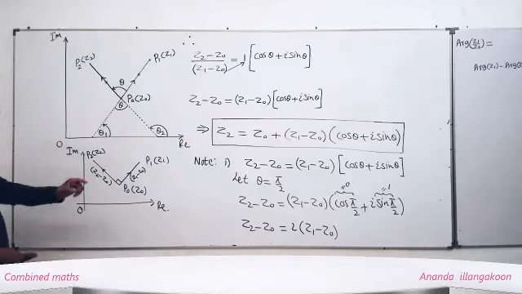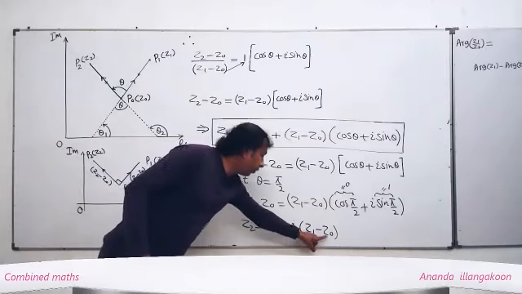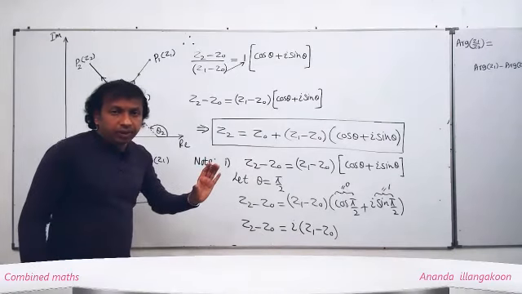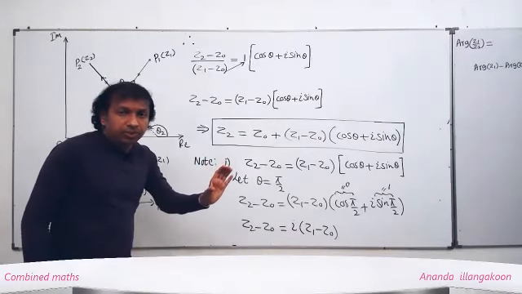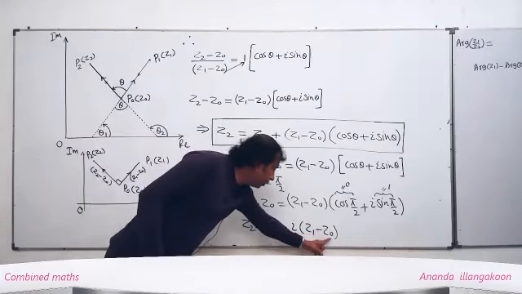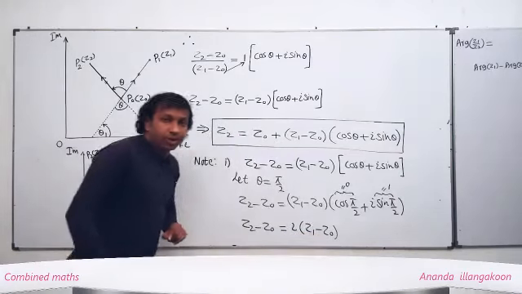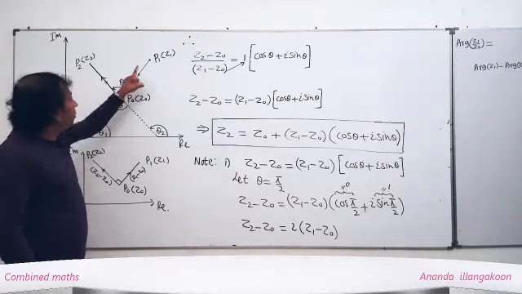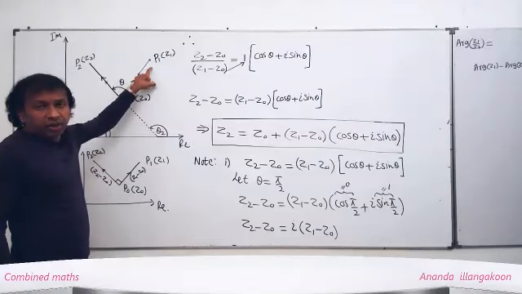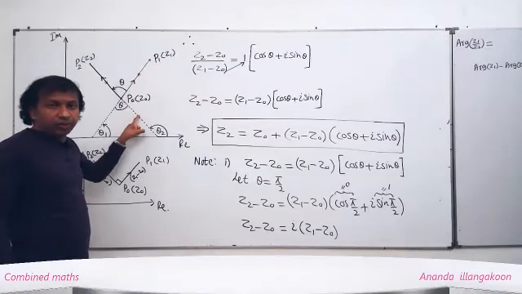That's correct, no, people? This Z1 minus Z0 complex number is represented by Z0, Z1 order. Here, P0, P1. Then the P0P1 line segment is the one representing Z1 minus Z0.